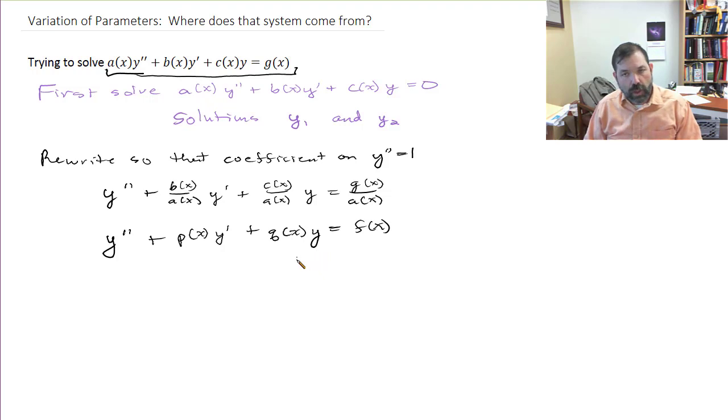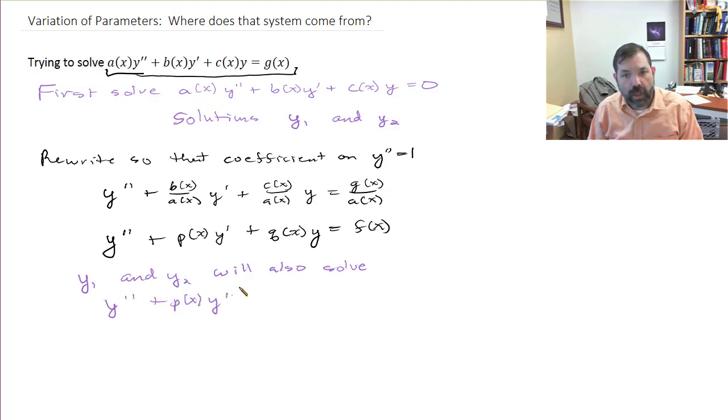Now, one thing to note, and it may not be exactly clear, but the solutions of the homogeneous equation that we had, the a of x y double prime plus b of x y prime plus c of x y equals 0, one thing to note is that y1 and y2 will also solve y double prime plus p of x y prime plus q of x y equals 0.